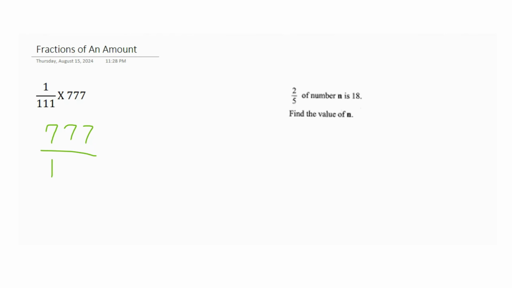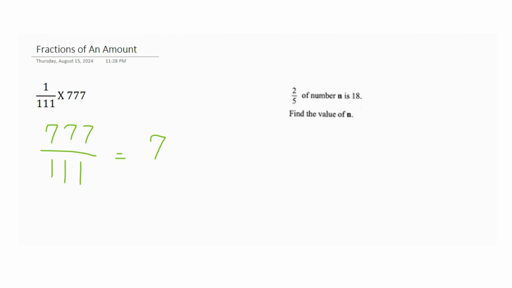Now, you can check it would be equal to 7, right? So when you divide 777 by 111, what you're going to get is 7.